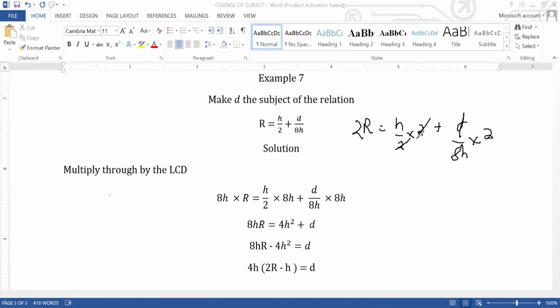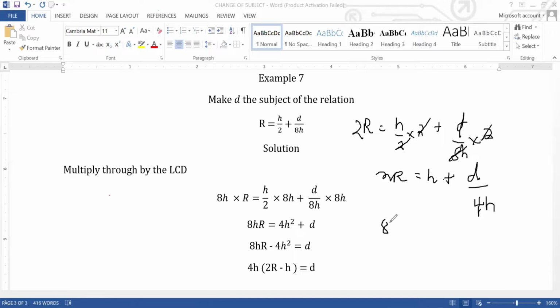This cancels this out. So you have 2R is equal to H plus, this cancels this, you get 4H. So D all over 4H. So 4H is still there. You have to still multiply through by the 4H.